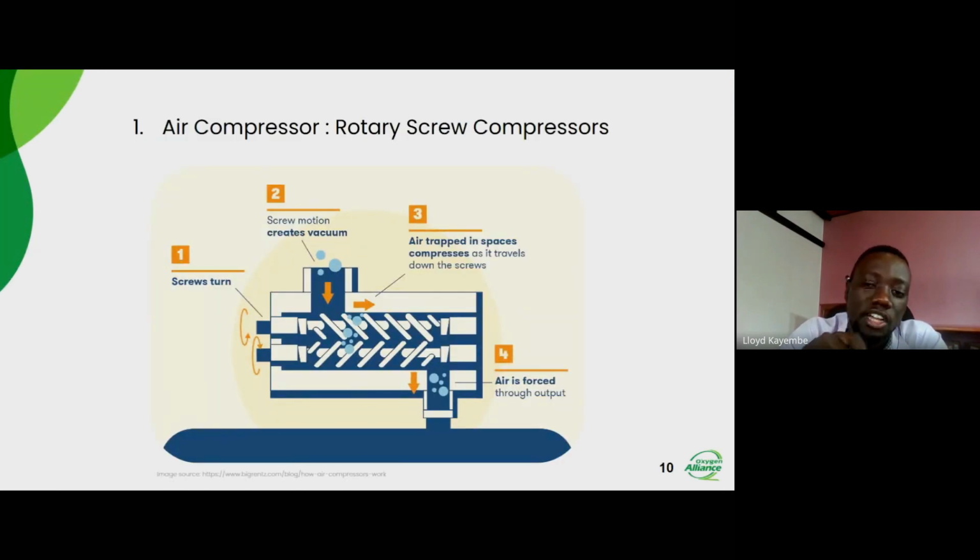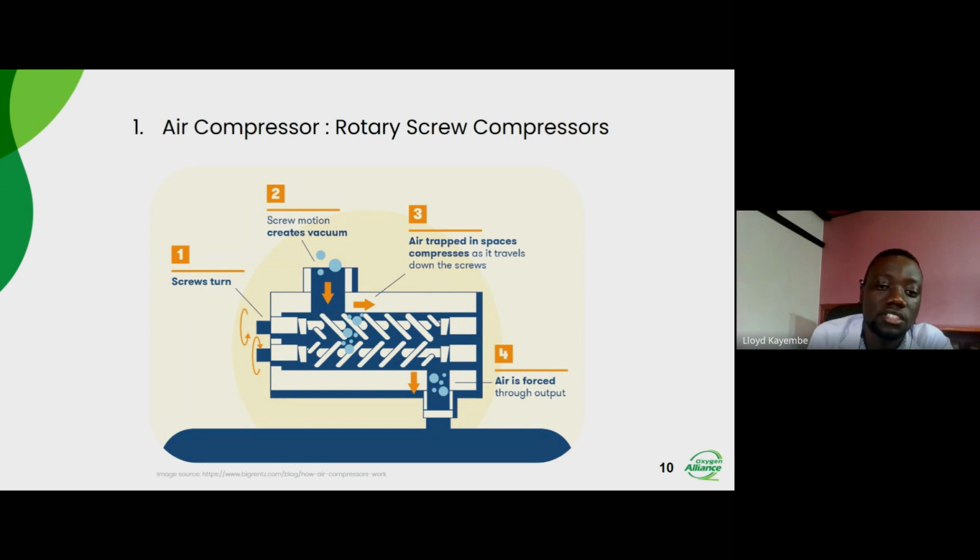On the next slide is an image that shows how a rotary screw compressor works. It uses two interlocking helical screws attached to rotors, and these rotors rotate in opposite directions, such that the screws interlock each other to create a sealed compression chamber when rotating. As the rotors turn, it creates a vacuum at the inlet, and the air is drawn into the gaps between the screws.